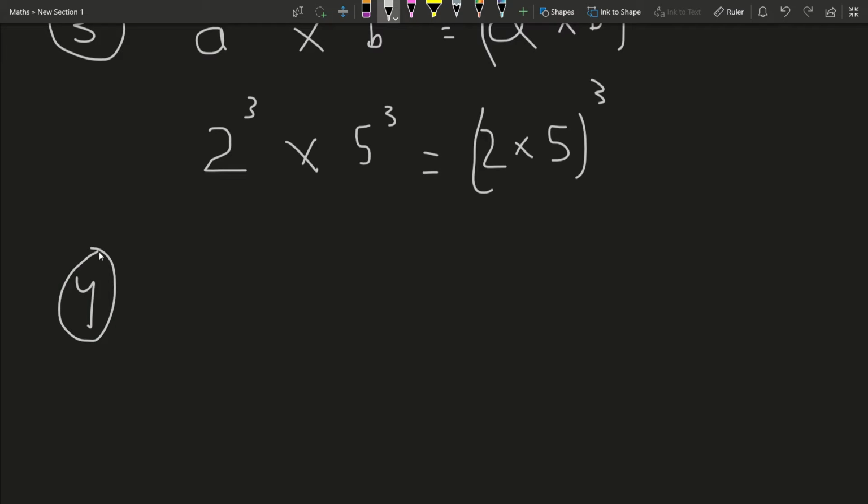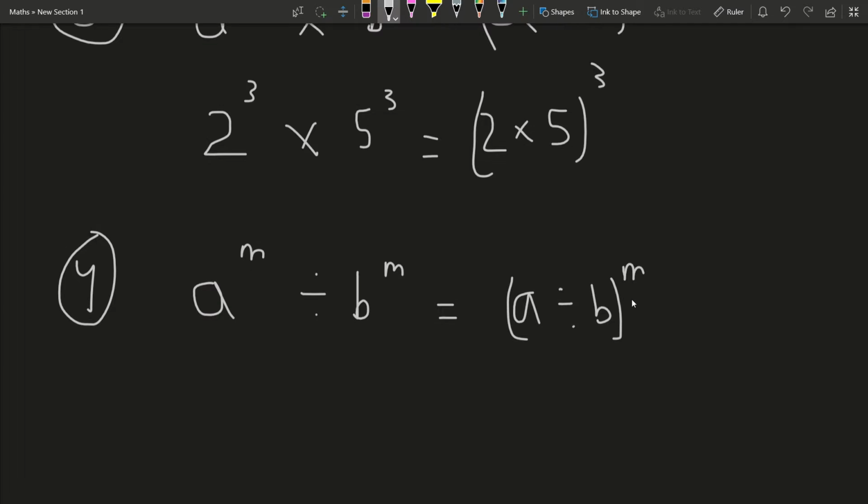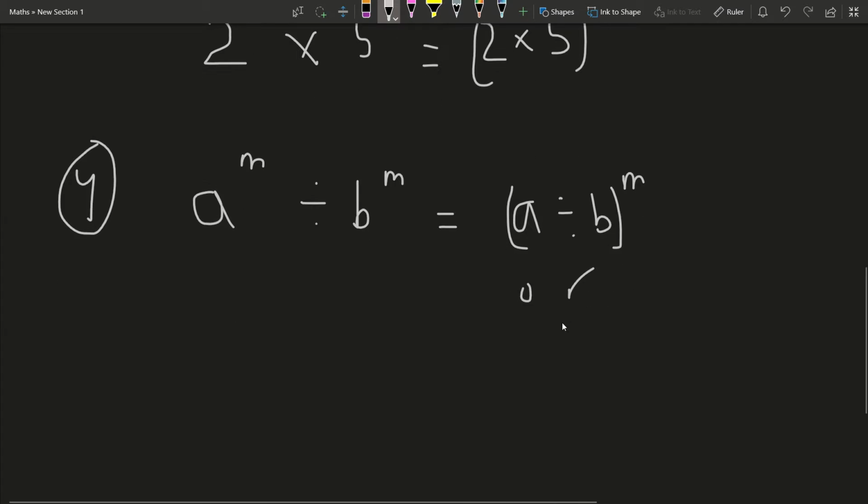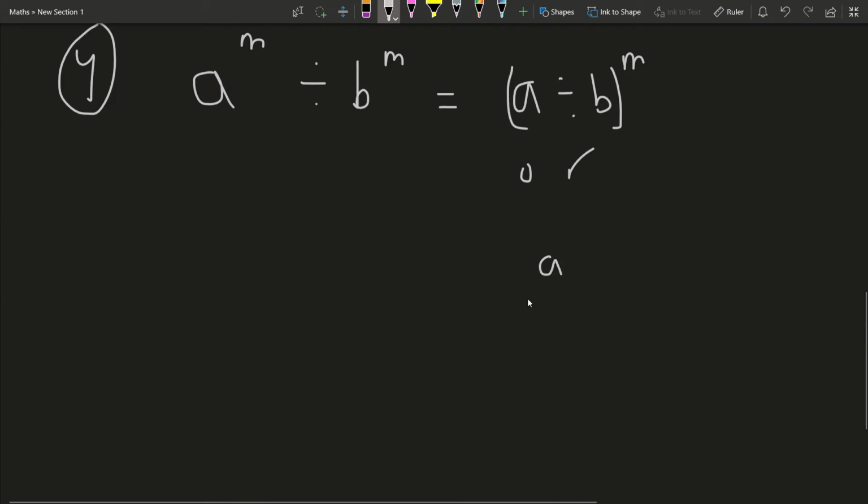So number 4, we have a to the power m divided by b to the power m, which is going to be (a divided by b) to the power m, or you could also write it like this, (a upon b) to the power m.